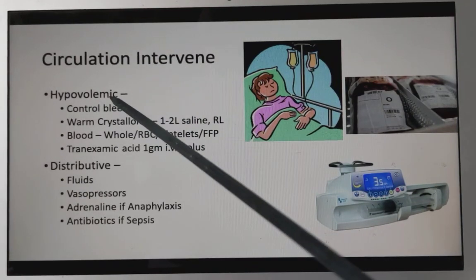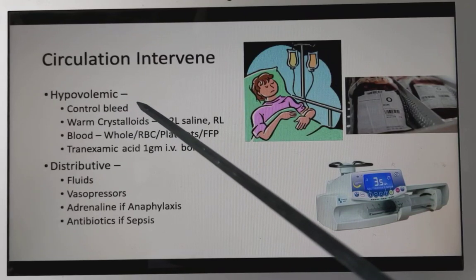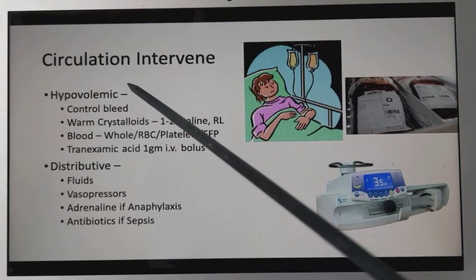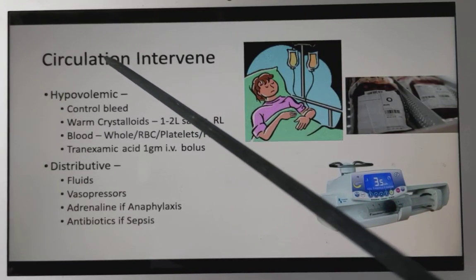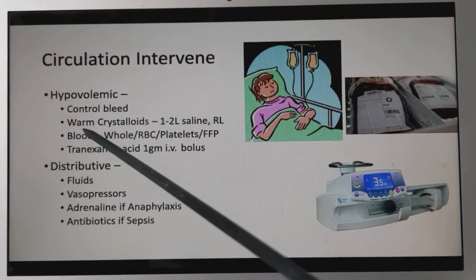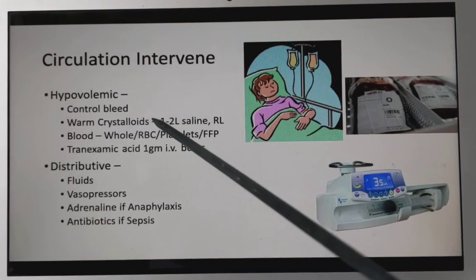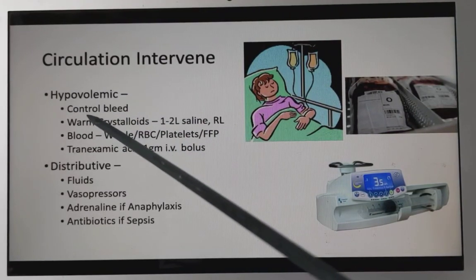Now, if it is a hypovolemic shock, what will you do? Of course, control any bleeding that has to be done. Instead of considering giving fluids and bloods, the first thing should be to control any sort of bleeding. You will give warm crystalloids, saline or Ringer's lactate, Hartmann's you can give.